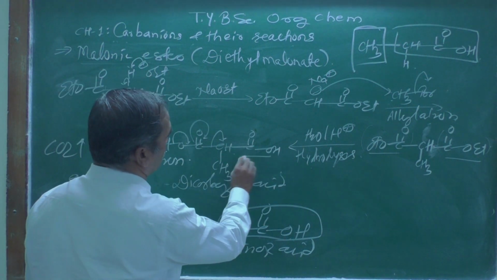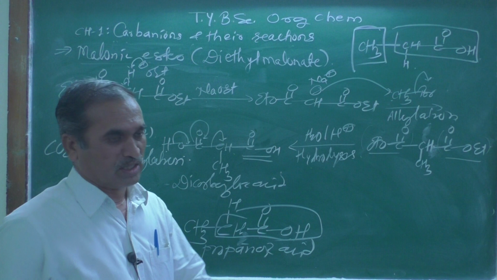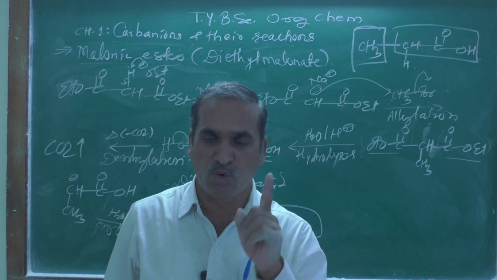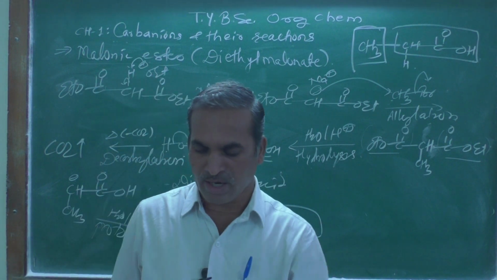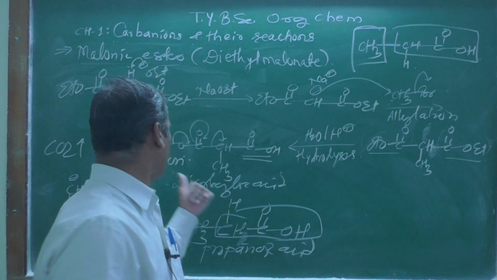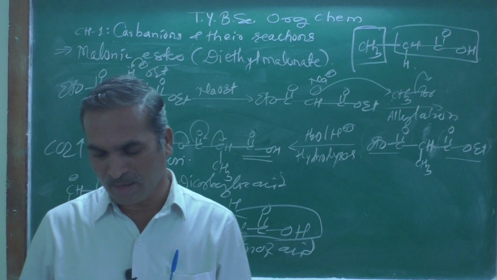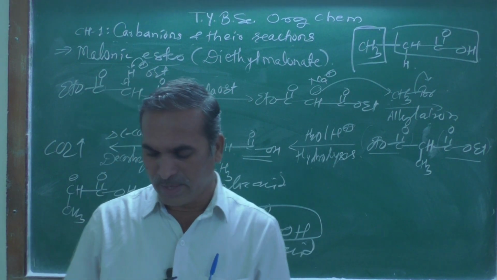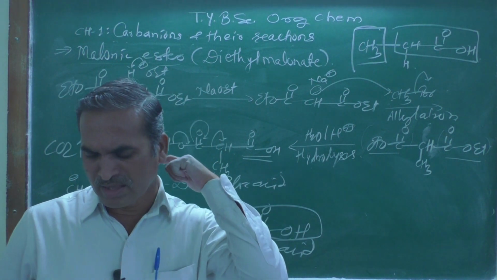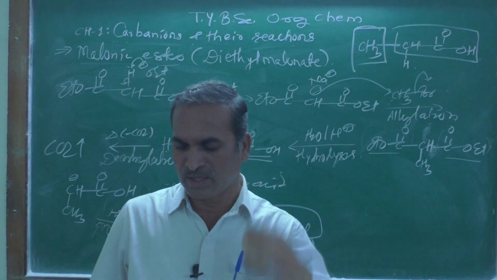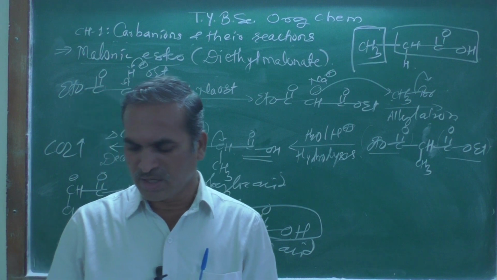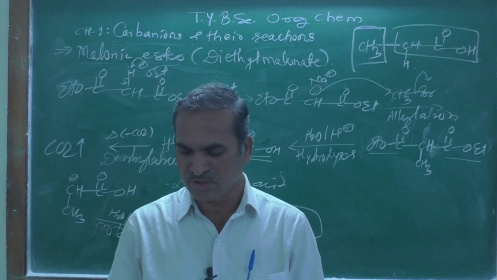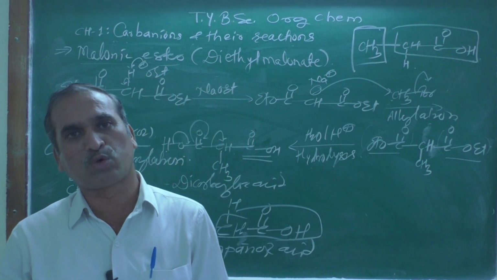Because there are two acidic groups there, but in the decarboxylation only one group loses the carbon dioxide, getting such a type of carbanion over there. One of the alpha hydrogens has come as a result of the decarboxylation step followed by protonation.